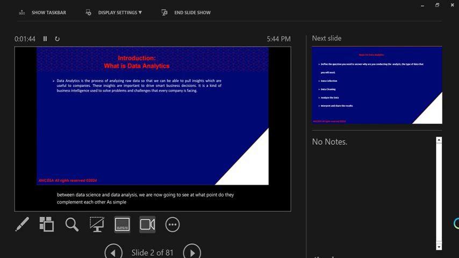So to define data analytics, we are saying this is the process of analyzing raw data so that you are able to pull insights which are useful to companies, organizations, and so on.